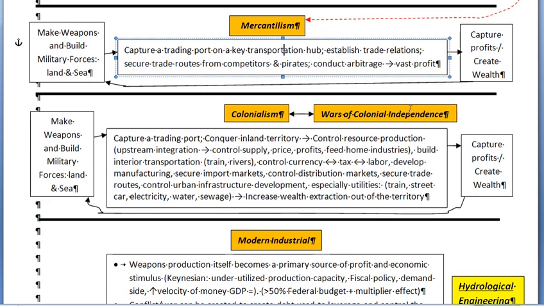Oh, by the way, this naturally led to wars of colonial independence. You colonize a territory. Well, after a while, they're going to get sick of it, right? We did. England colonized us, and the reason why they colonized us was not for our benefit, but for theirs, right? They were using us within a system skewed to benefit England to a greater extent.